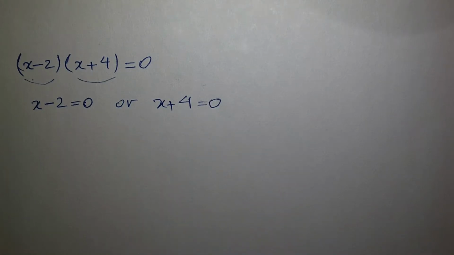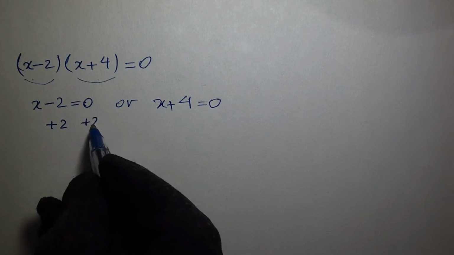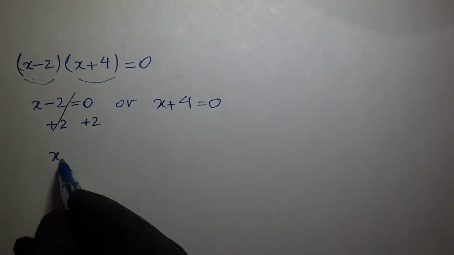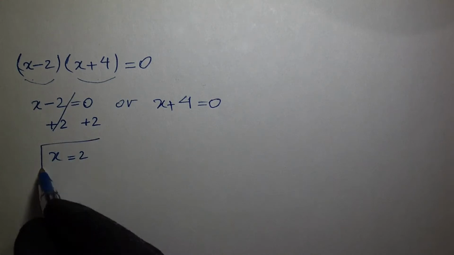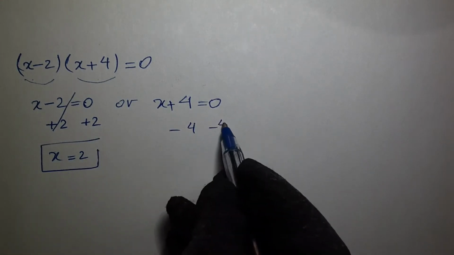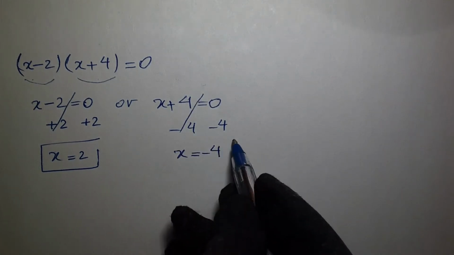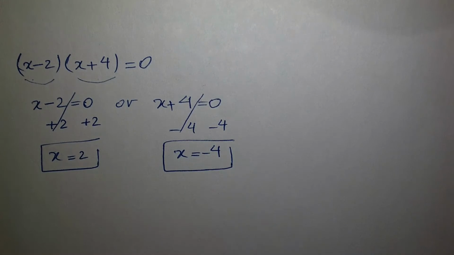Here we have two linear equations. Solving these two linear equations, add 2 to both sides of this equation. x is 2. Subtract 4 from both sides of this equation. x is negative 4. You see we have two values for x. We call them solutions of this equation. So we solved this equation using the zero product property.